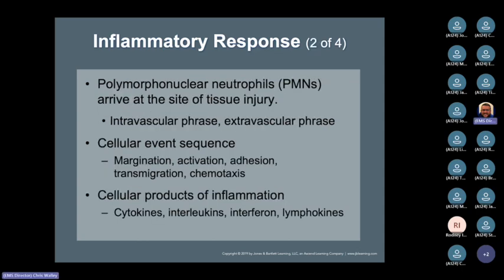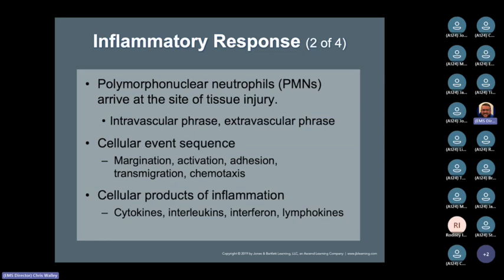The cellular components of inflammation. The polymorphonuclear neutrophils, which is PMNs, arrive at the site in the tissue where they are needed. The process involves two major stages, an intravascular phase and an extravascular phase.